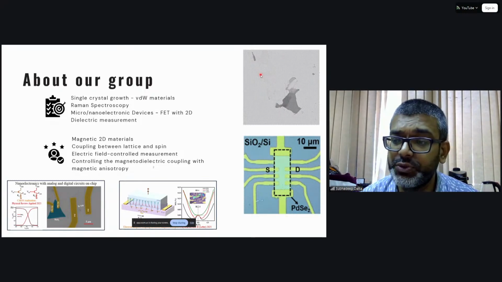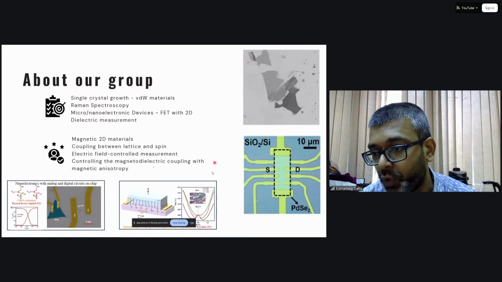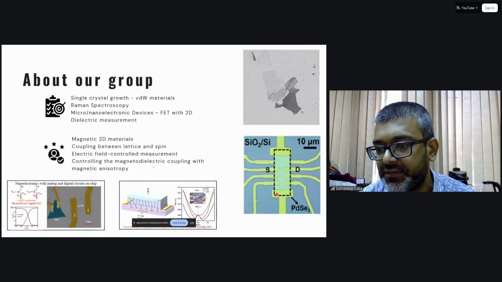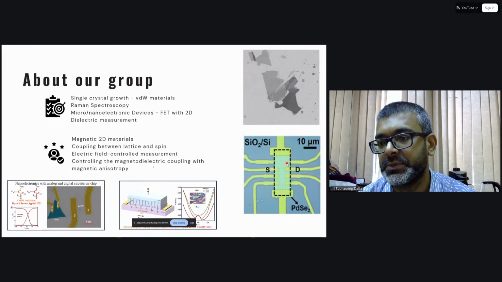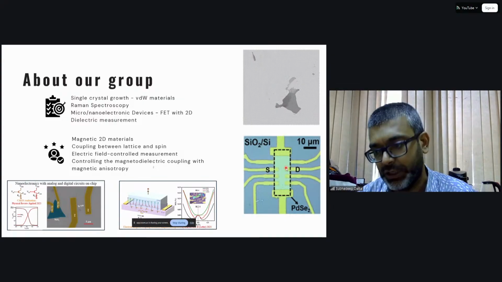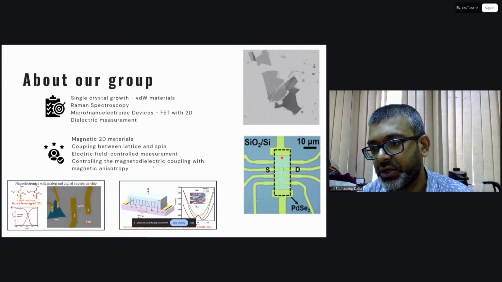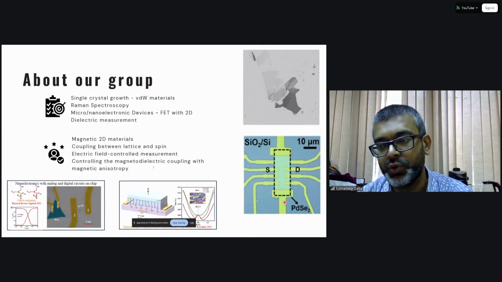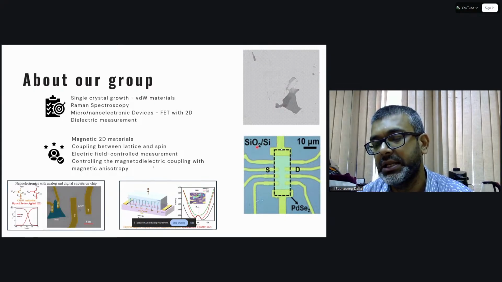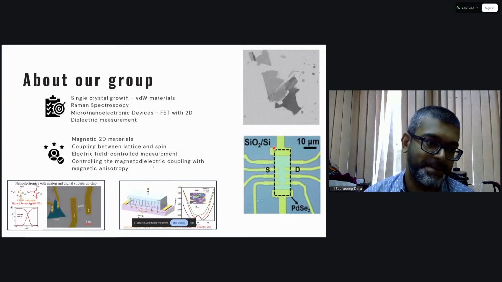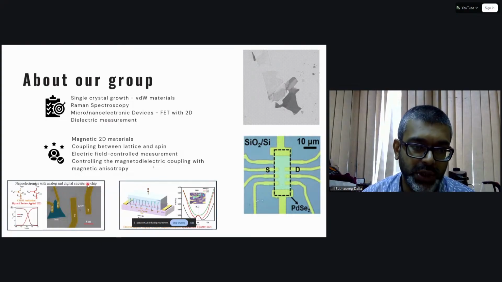And the circuit which we usually probe is like this. As you can see, these are the gold electrodes, and the usual channel length starts from 10 micron down to 200 nanometer. So this is one semiconductor. As you can see, this is all homegrown, and you can create lithography circuits at IISc. So here are two examples of different circuits.